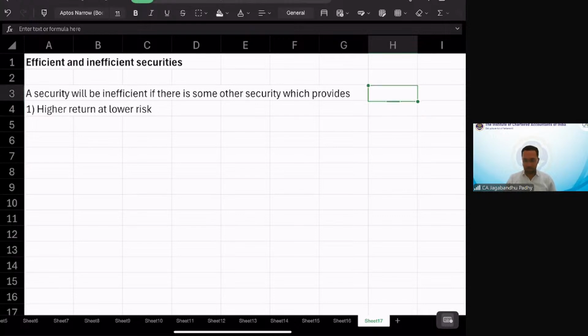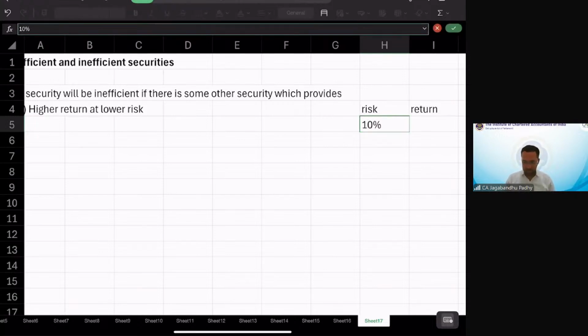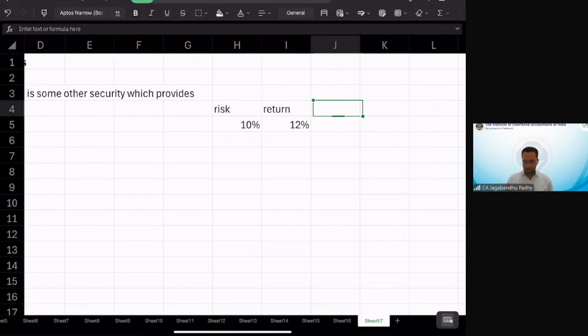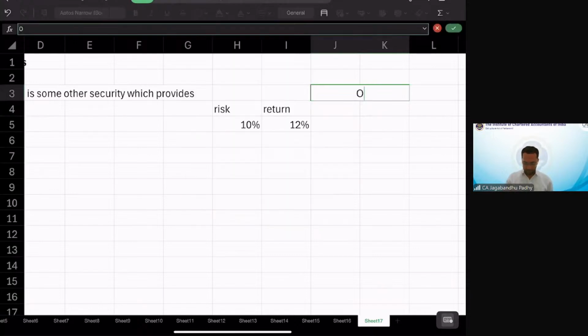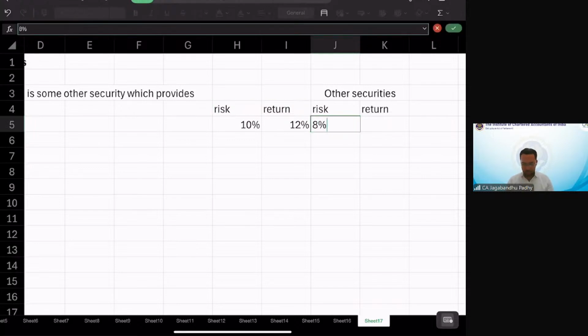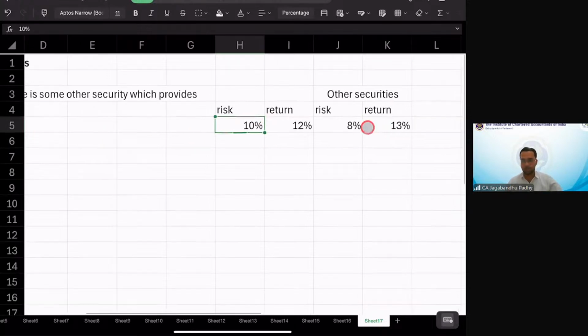Correct? So for example, if we have risk and return of our original security, let's say risk is 10% and return is 12%. If we have the other security having a risk of 8% and a return of, let's say 13%, can I say, in comparison to this, the other security will be preferred, right?